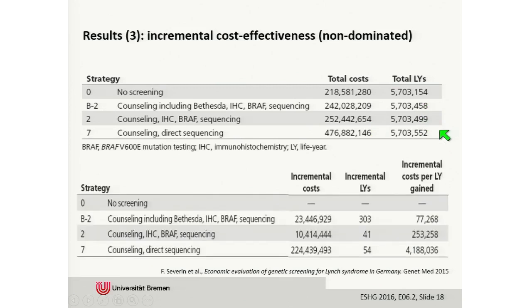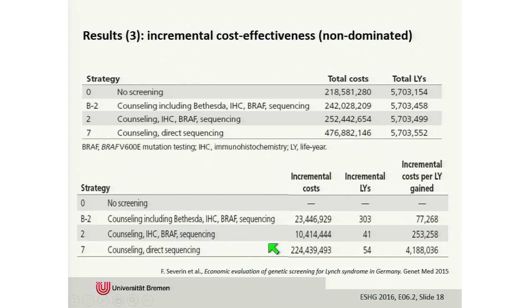If we look at the incremental cost effectiveness, you see no screening, of course, no increment. On the B2, you have additional costs from a healthcare system perspective of 33 million euros. That's the cost of this screening program, but you gain most of the life years. You can gain 300 life years, also from a German perspective, at a cost of roughly 70,000 euros per life year gained.